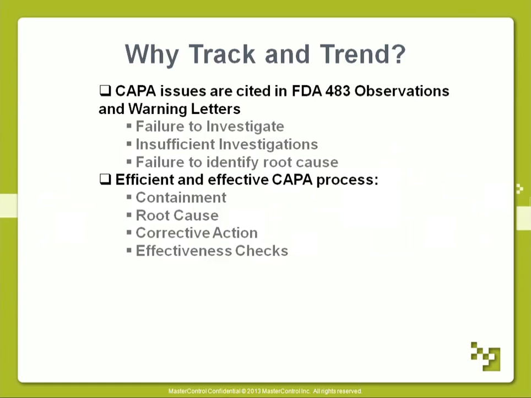Getting into the investigation, determining the root cause is a very important part of the CAPA process, and that's also one that FDA looks at very closely in an audit. Through corrective action, you're trying to eliminate the root cause. There could be multiple root causes. And then you would follow that with an effectiveness check: does the issue reoccur after everything is said and done?